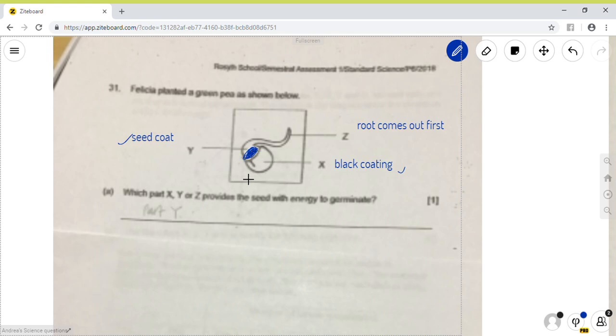They don't dissect the seed into so many parts. They only have the root, the shoot, and the seed leaves, which give the energy for germination. This one, never mind, I think we can ignore it.